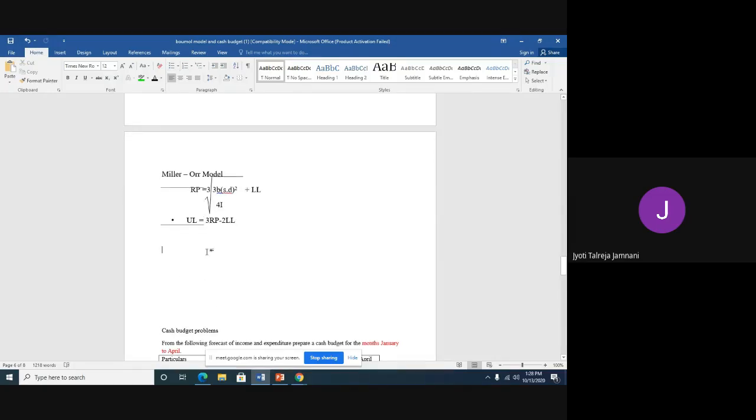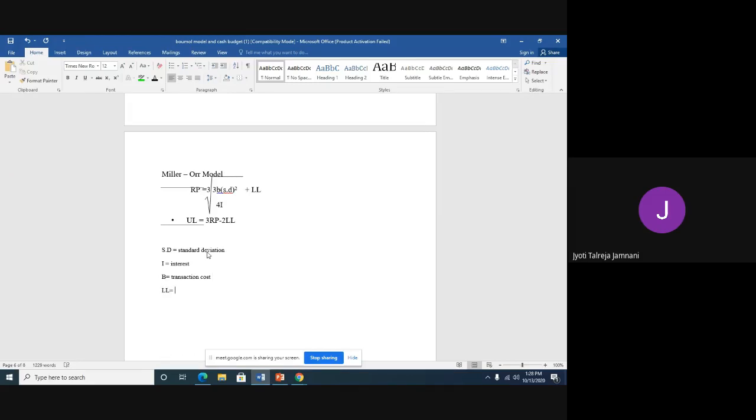Okay, SD is equal to standard deviation. I is equal to interest. B is the transaction cost. Same I and B which were there in Baumol, we are using the same.